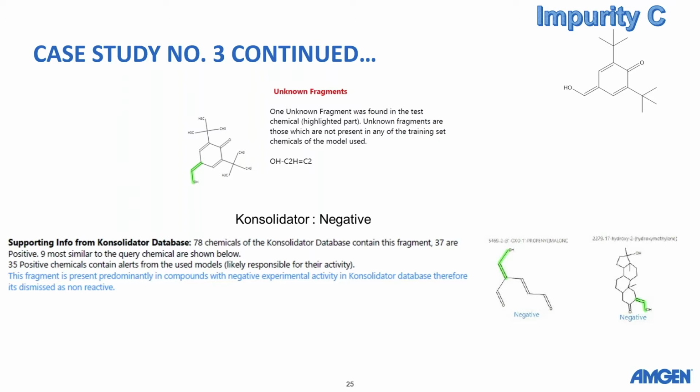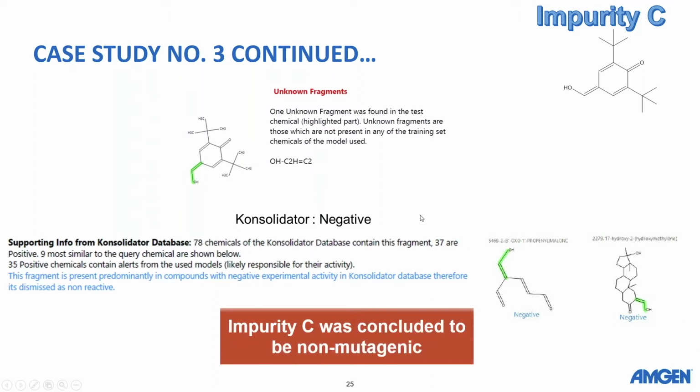So again here, based on the consolidator analogs, the statements provided within the consolidator report and the structural similarity of the alerts between these two compounds, 469 and 2279, we were able to dismiss the unknown fragment and again conclude impurity C was likely non-mutagenic.